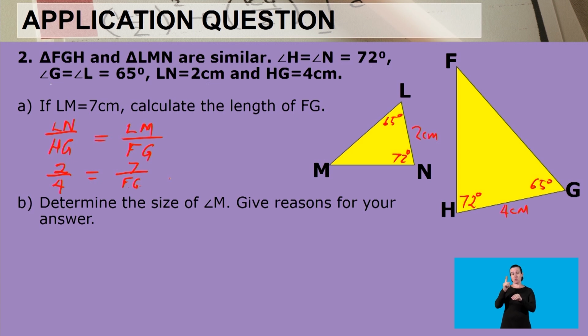So FG will be equal to 14 centimeters, based on proportion of the sides. Let me write that so that we remember: corresponding sides are in proportion.